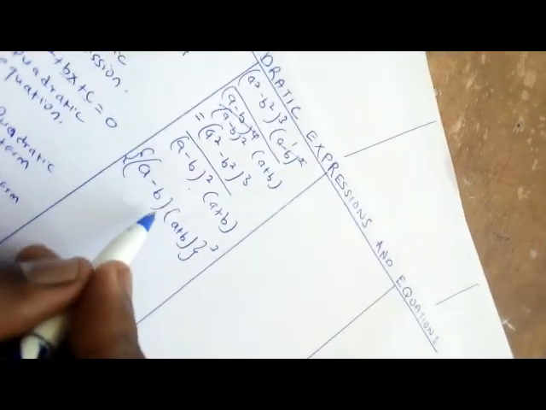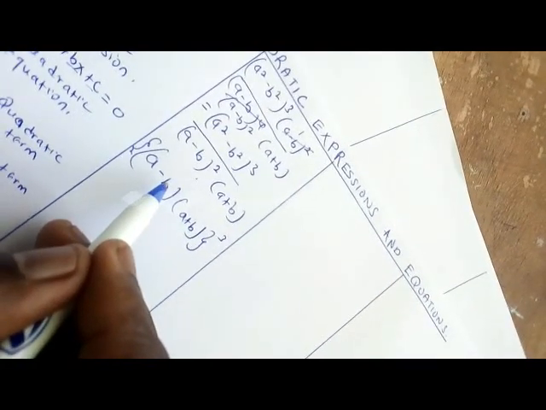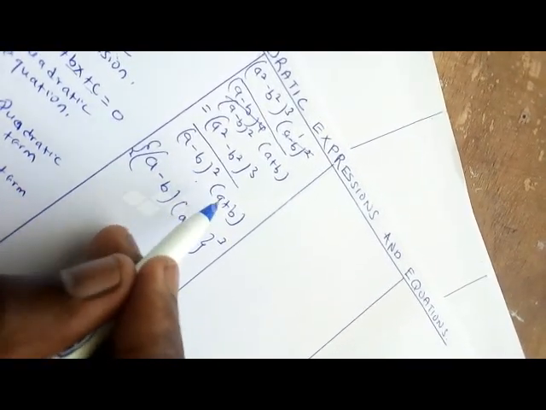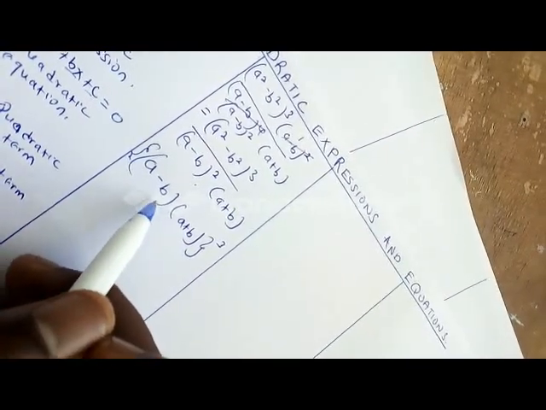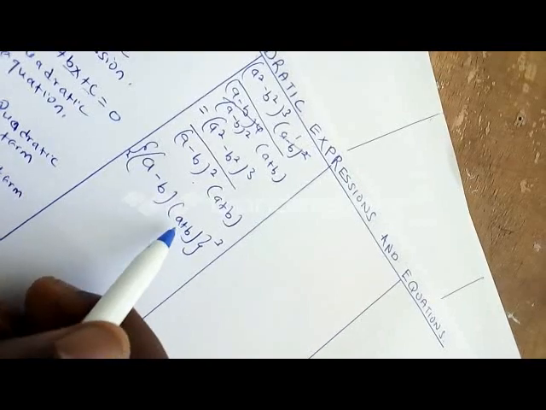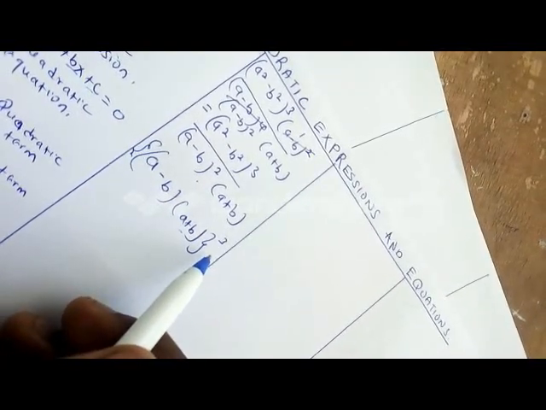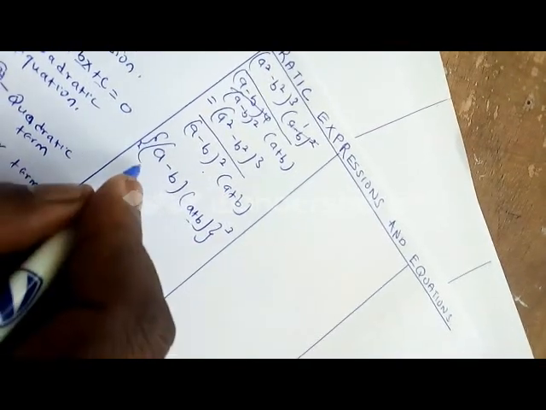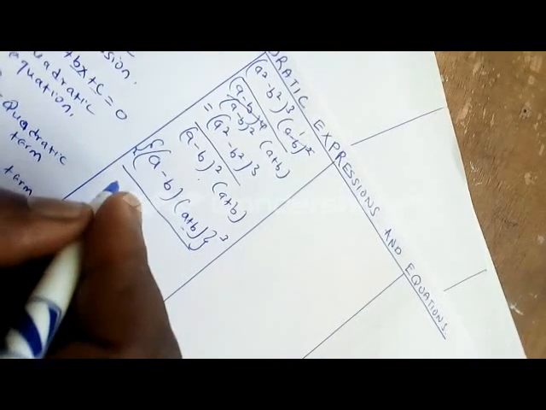Remember the difference of two squares. When you have a squared minus b squared, that is the difference of two squares. It means it is (a minus b) multiplied by (a plus b), and all of them are raised to power 3. Are we together, my dear students? I hope we are moving together.